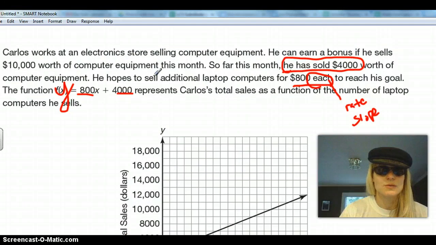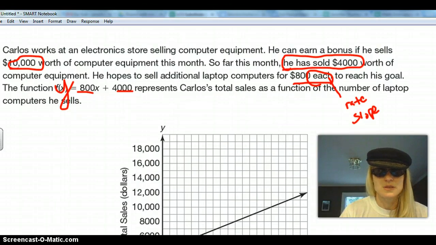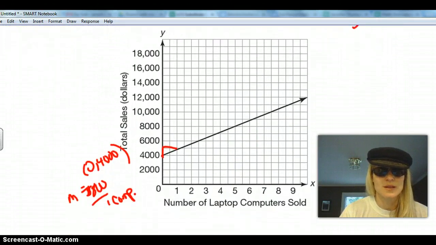Because he wants to be able to sell $10,000 worth of computers to get his bonus. So very simply, we're going to look at this equation. I'm going to find that $10,000 mark and I'm going to draw a line across. And if we look at that, it intersects at this point here.